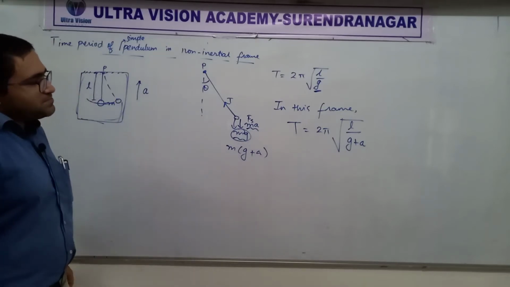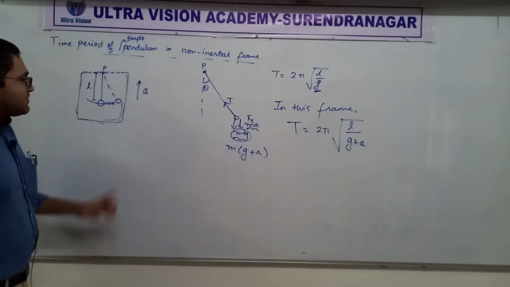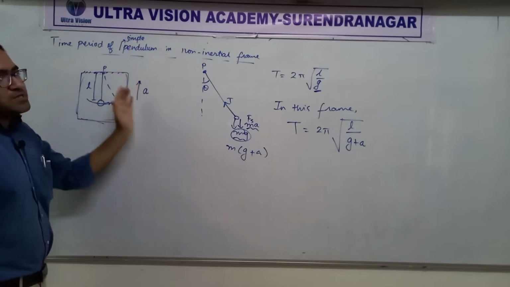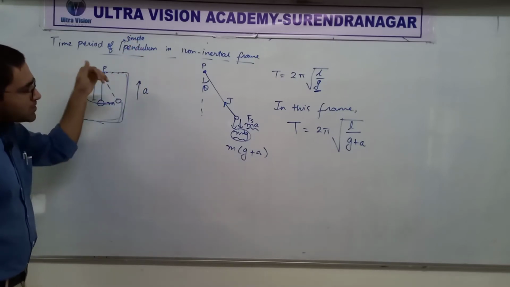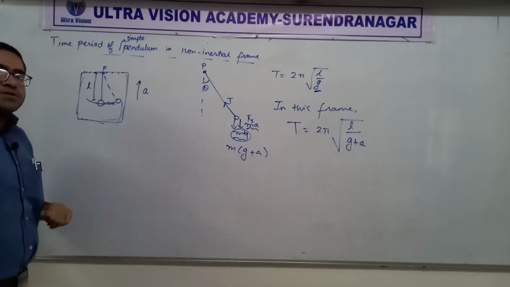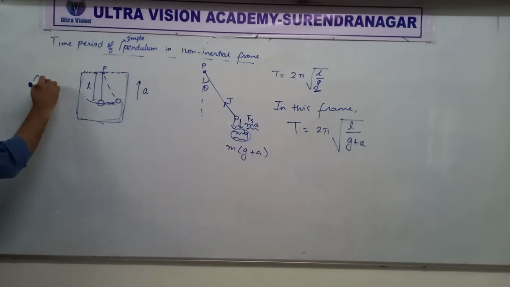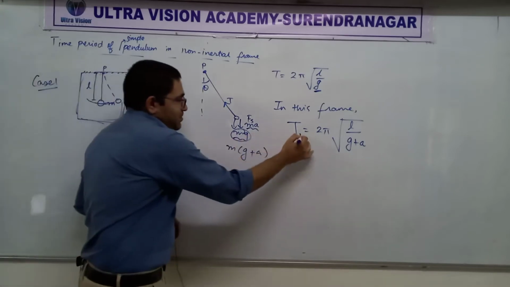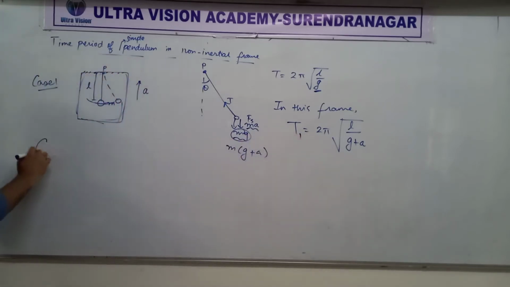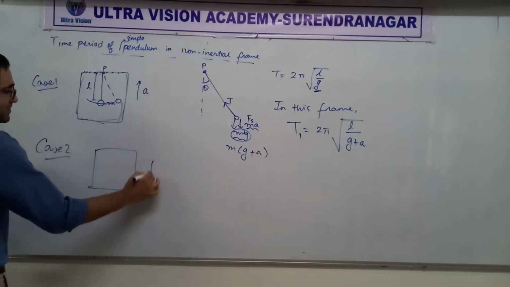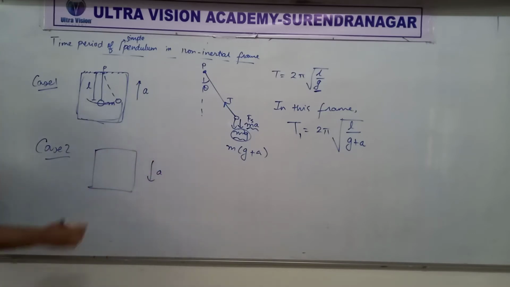Think about it. If instead of this one having acceleration upwards, suppose this would have acceleration downwards. Let's say this is case 1, so this is the time period that we get in that case. Suppose there is another case, case 2, where the lift is accelerating down and there is once again an oscillating pendulum.